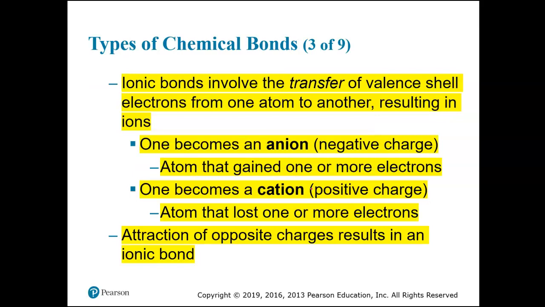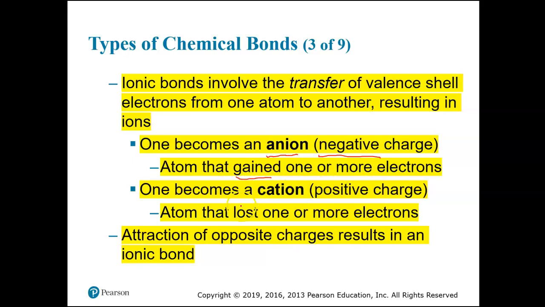So, in an ionic bond, one atom becomes an anion. It takes on a negative charge because it gains 1 or more electrons. So an anion is an ion with a negative charge because it has gained electrons, and it takes on that negative charge because electrons are negatively charged.